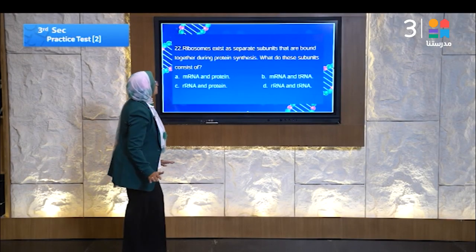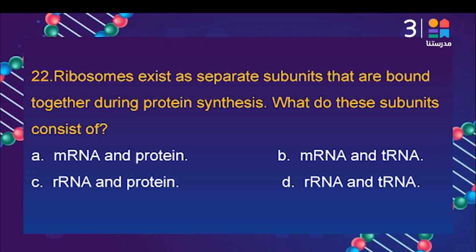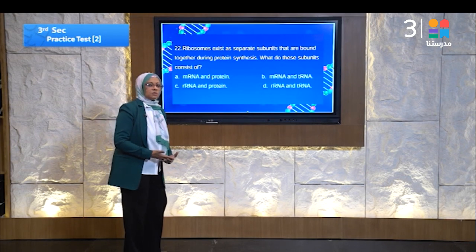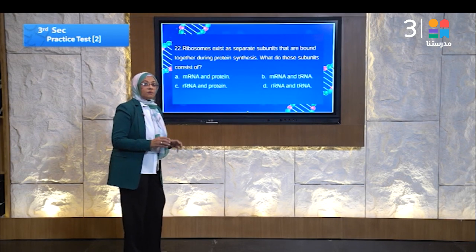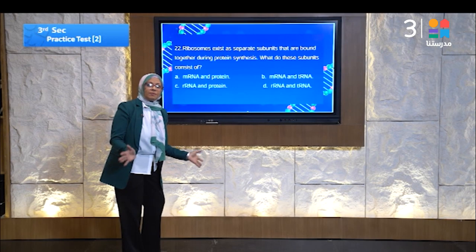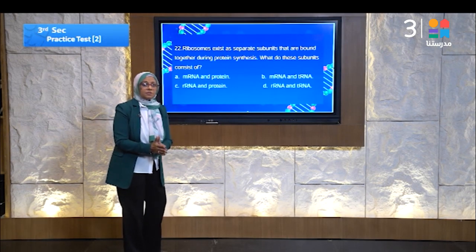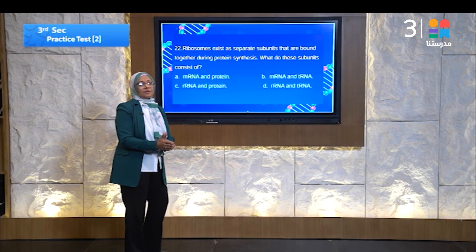Let's go to 22. Ribosomes exist as separate subunits. Ribosomes are found in the cytoplasm of each cell and in the endoplasmic reticulum.